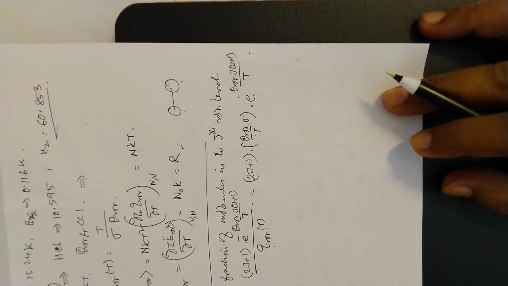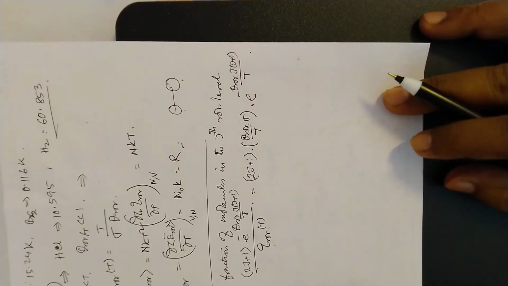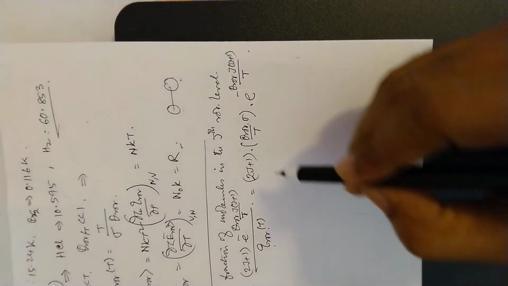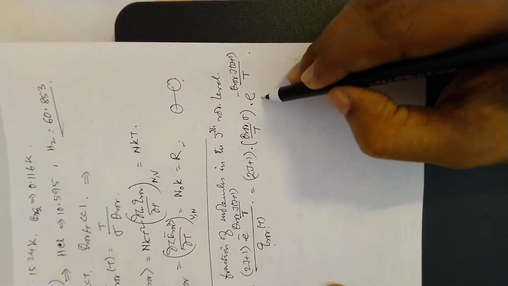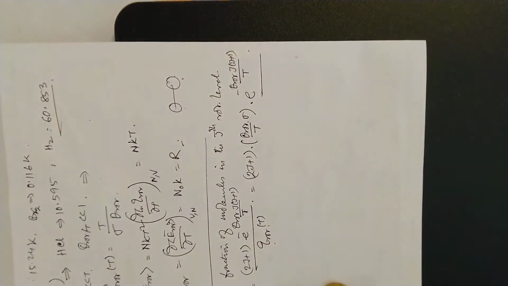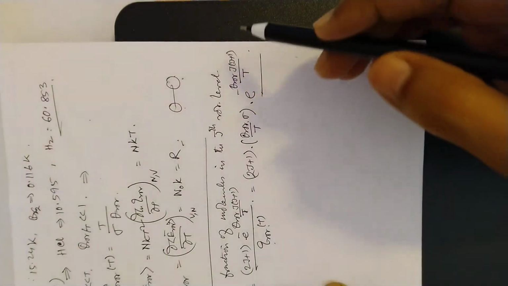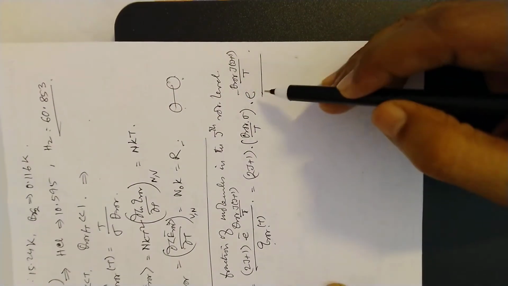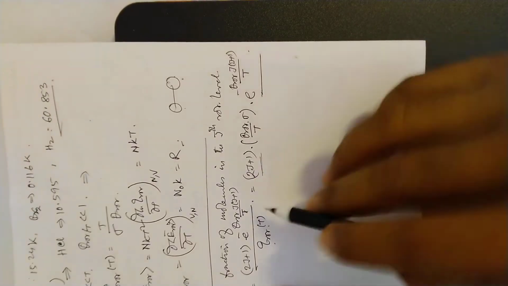Now Fj is the fraction. You can see it has an exponentially decreasing term with respect to j, and the other one is an increasing term.